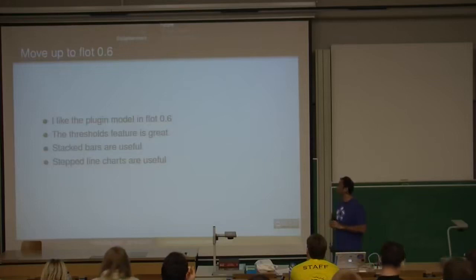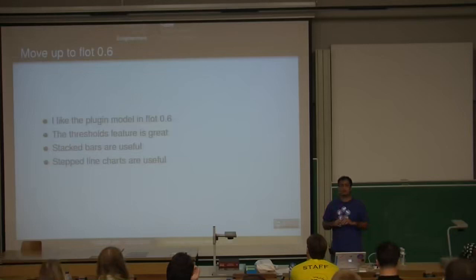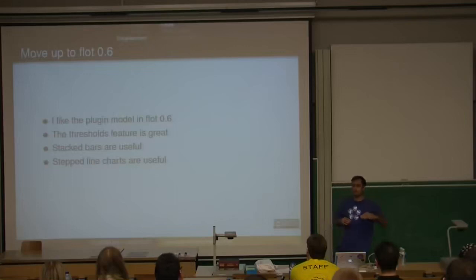Flot has a thresholds feature. For example, think of a finance-based application or chart where you want to plot everything above a certain level as green and everything below it as red. Or even in performance, everything above your SLA needs to be red and everything below your SLA needs to be green.